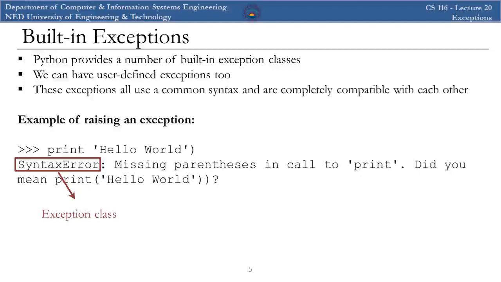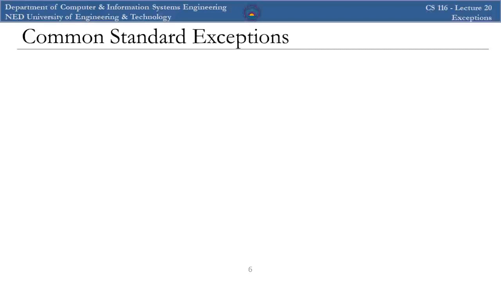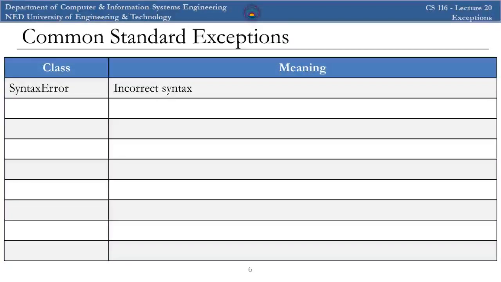Similarly, Python has different classes for different types of error. Let me show you a small list of some common exception classes. First one is SyntaxError. I just showed you this.